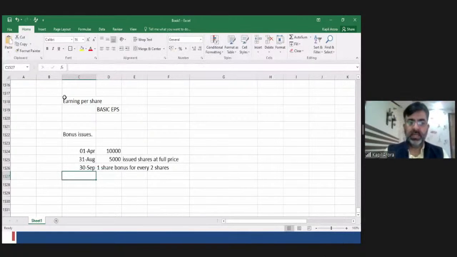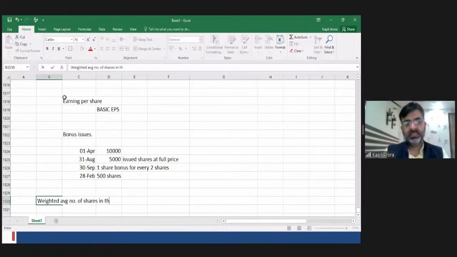And at last, on 28th Feb, I issued another 500 shares. We need to find out the weighted average number of shares in this case on 31st March.